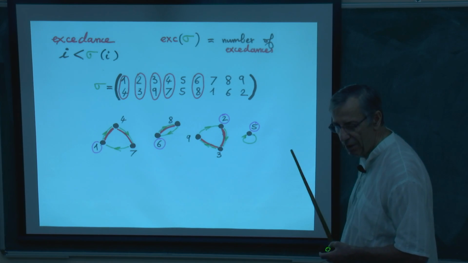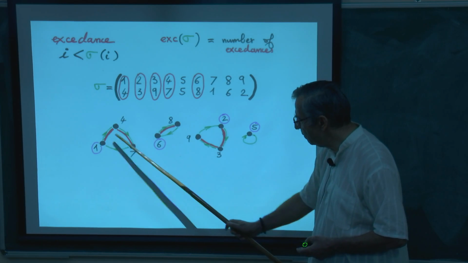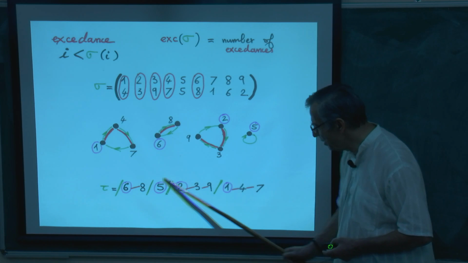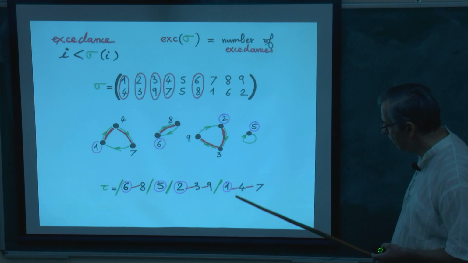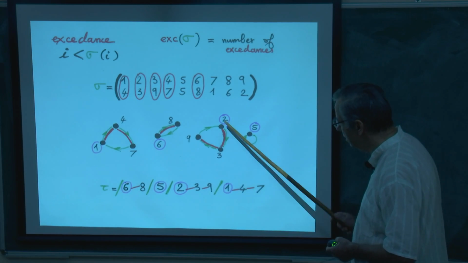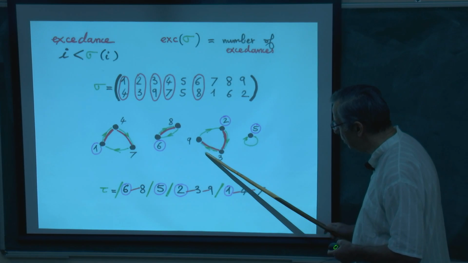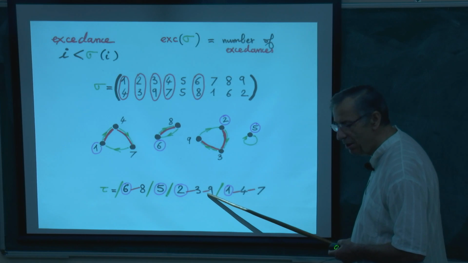Now if you look carefully, what happens to these 5 edges in the bijection with the word with left-to-right minimum elements? Inside the block, 2 goes to 3, 3 goes to 9, these edges are preserved.